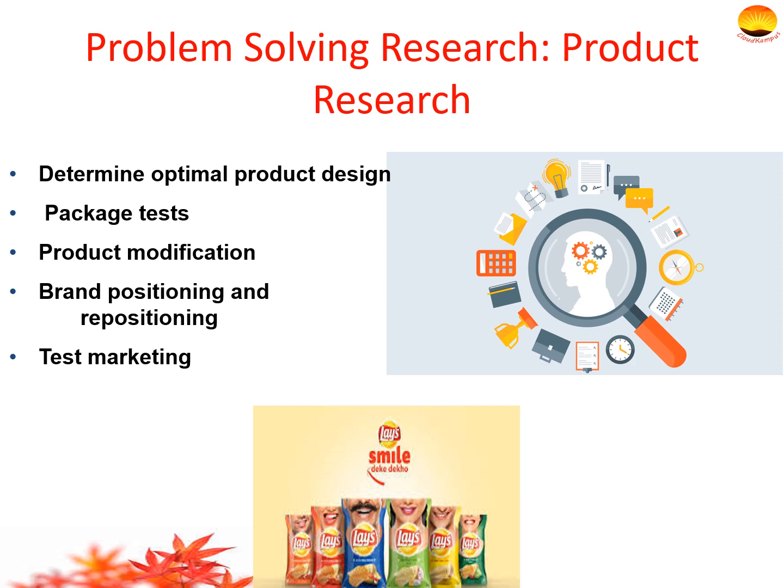Like masala Lays is represented by blue color, tomato Lays is represented by red color. So a particular testing was done and then that packaging was decided. Product modification: whether the product needs to be modified or not. You can see various advertisements.